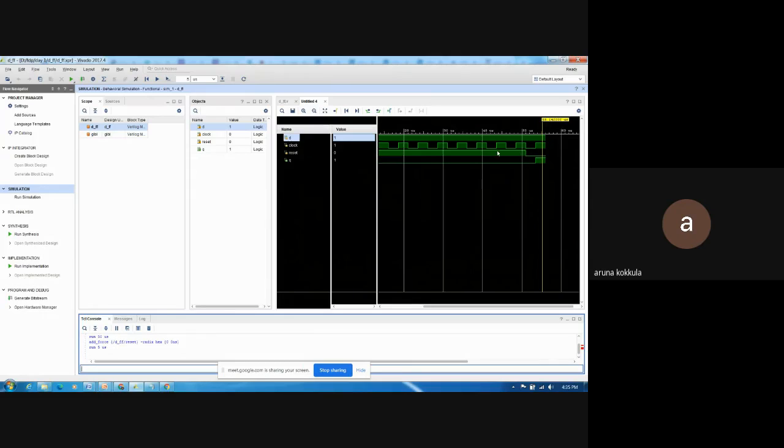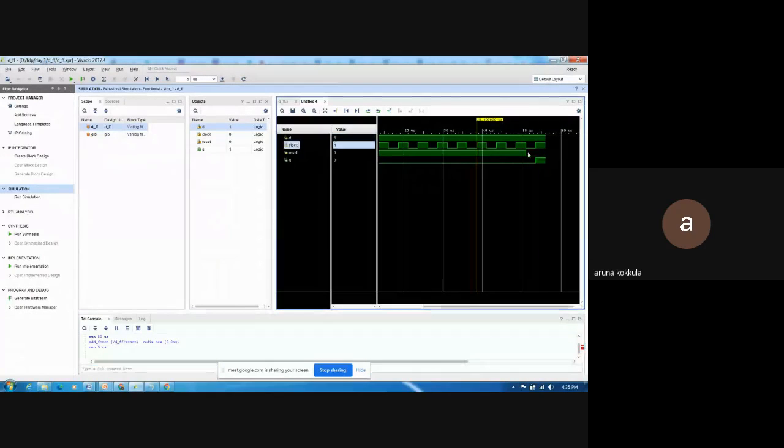So whenever reset is 1, your output Q will be equal to 0. Whenever reset is 0, your output will be equal to your D. Yes, sir.